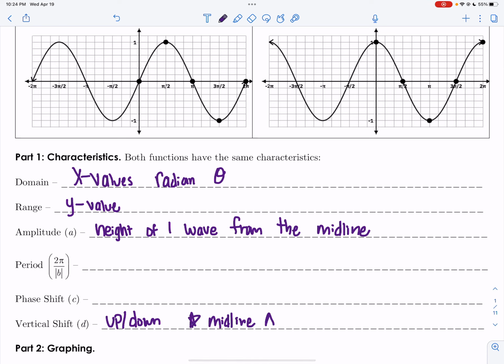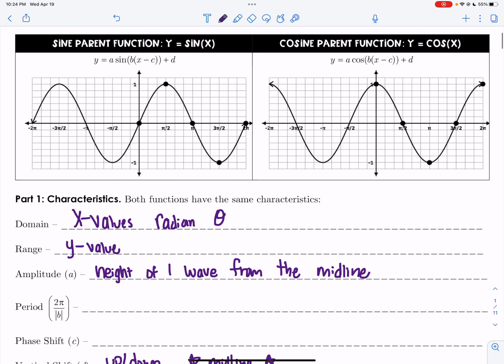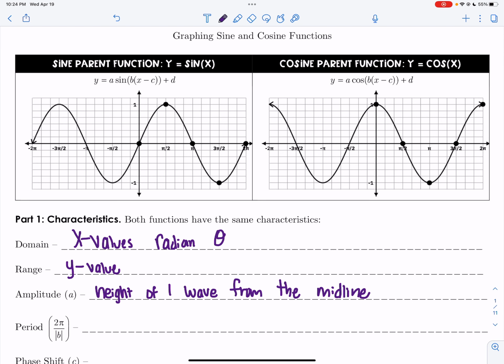And the midline is essentially your new x-axis in terms of your points. Amplitude, the height of one wave from the midline, is basically saying, if this is my midline, what's my distance from the maximum point to the midline? Or what's the distance from my minimum point to the midline?